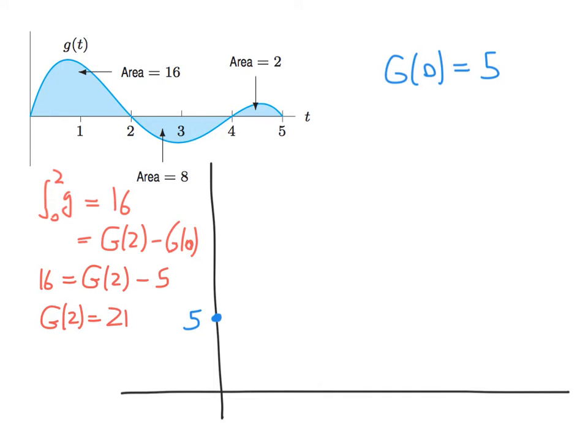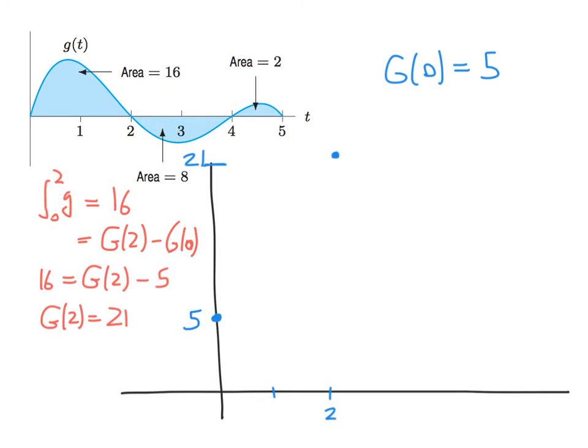So that's one point we can enter on our graph. I've started the graph already because we know that at 0 our function capital G has value 5. Now it goes up, to 1 and 2, and up to value 21 up here.